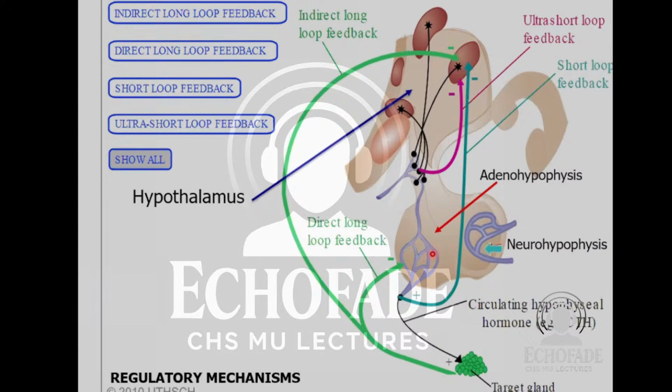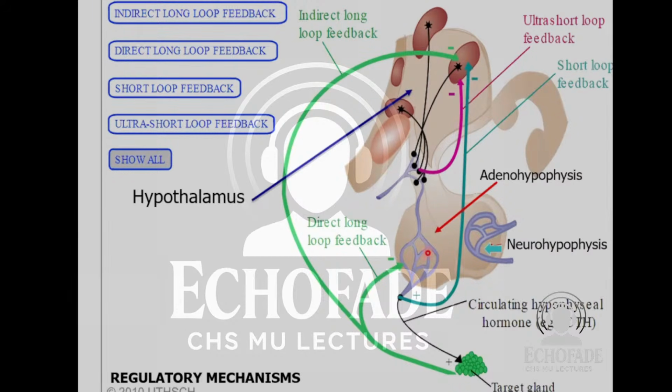So this is an indirect long loop, whereas the direct long loop is where we have those hormones from the target organs, like the ovary or the testis, directly influencing the hypophysis so that those hormones stop being produced.